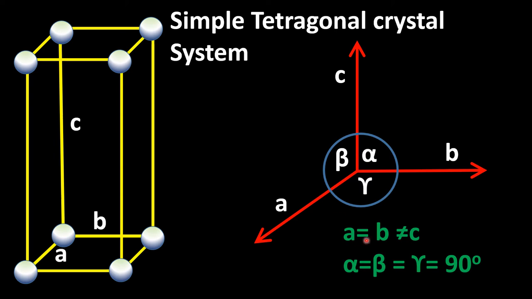That is, angle alpha is equal to angle beta is equal to angle gamma is equal to 90 degrees. So this is our simple tetragonal crystal system.